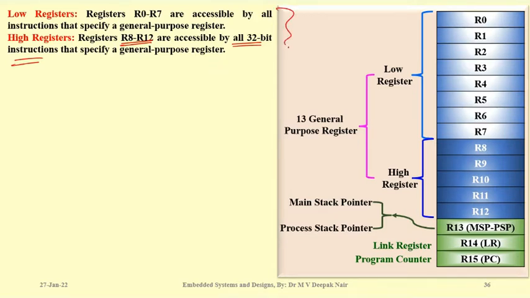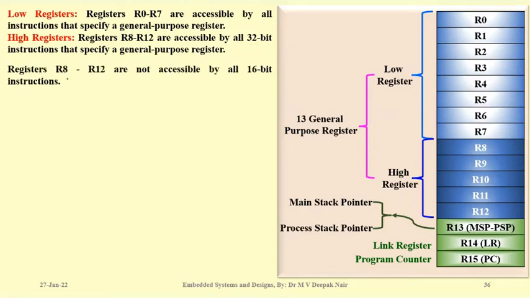Remember, I told you this ARM Cortex M4 can handle both 16-bit and 32-bit instructions. So R0 to R7 are accessible by almost all the instructions, but R8 to R12 are accessible mostly by 32-bit instructions only.